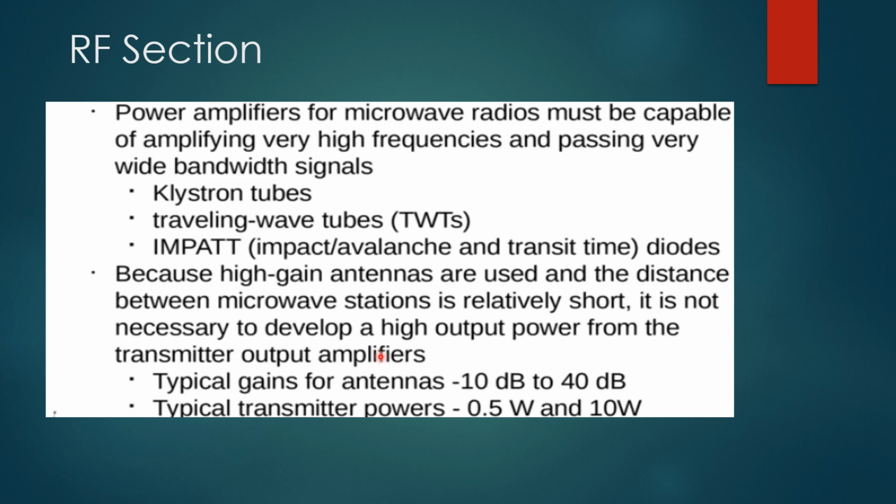It is not a necessity to use amplifiers which give a very high output power. Instead of that, we can use high gain antennas. That is what we mean by this particular statement. So if our amplifier is not up to the standard, we can use high gain antennas. And here are the values given for typical transmitting powers and typical gain for the antennas.